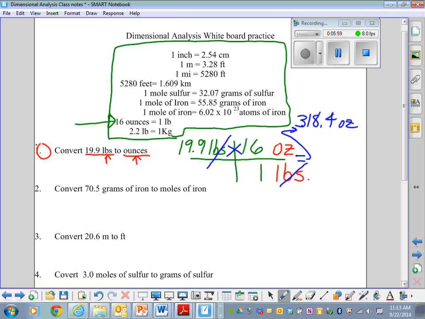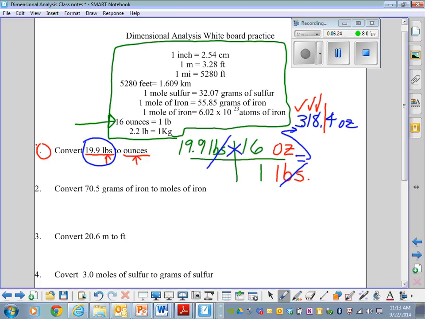Slow down. When you do dimensional analysis, the number of sig figs will be determined by the given amount. So I'm going to go over here. How many sig figs do I have? 3. Therefore, my answer can only have 3 sig figs, correct? So here are my 3. 1, 2, 3.